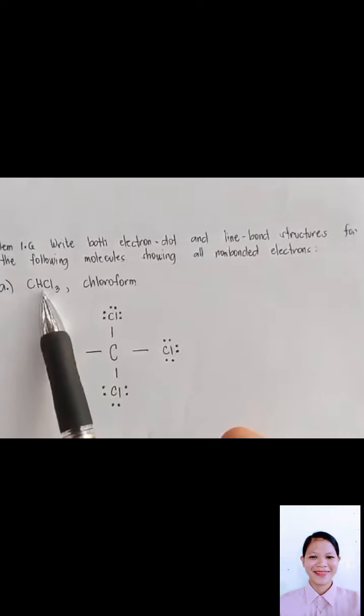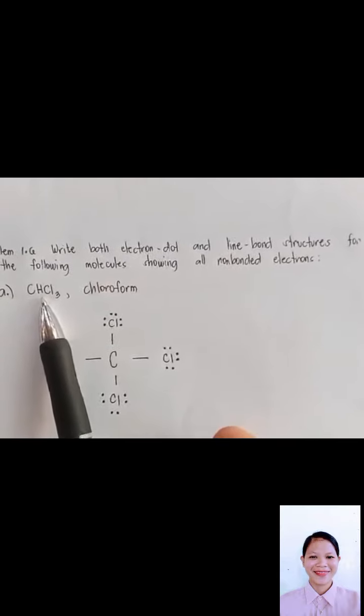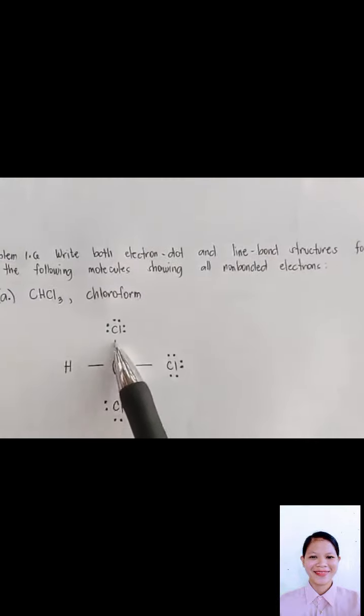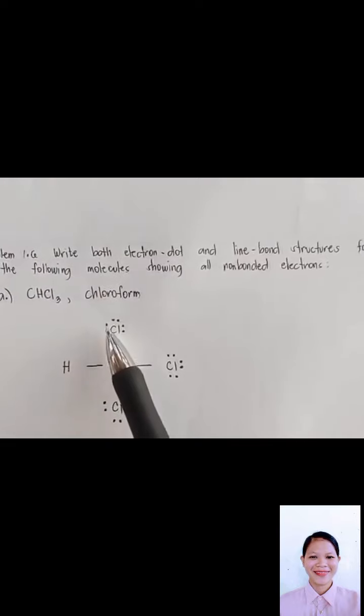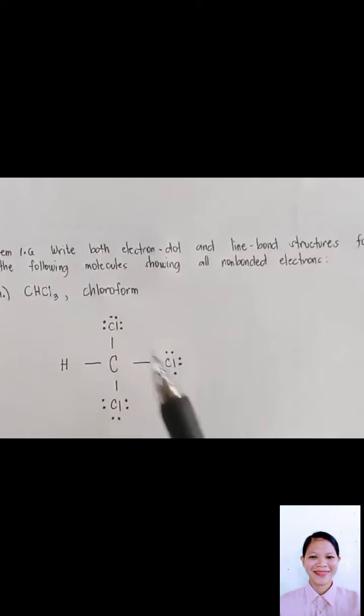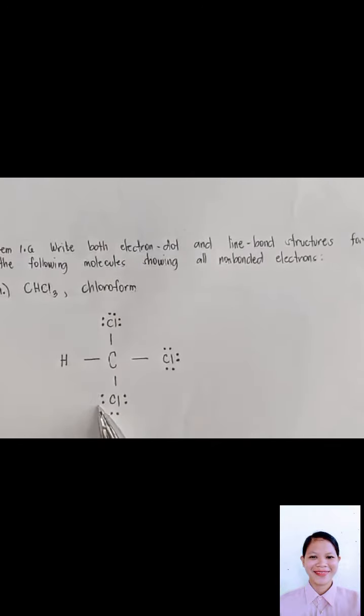There are 26 valence electrons in these elements. So 1, 2, 3, 4, 5, 6, 7, 8, 9, 10, 11, 12, 13, 14, 15, 16, 17, 18, 19, 20, 1, 2, 3, 4, and 5, 26.